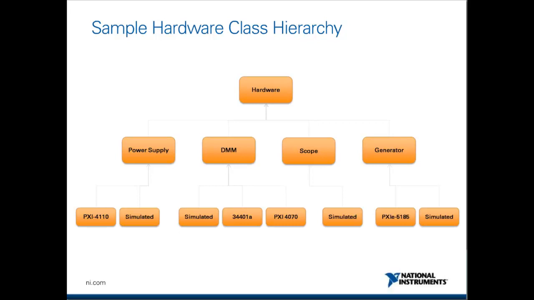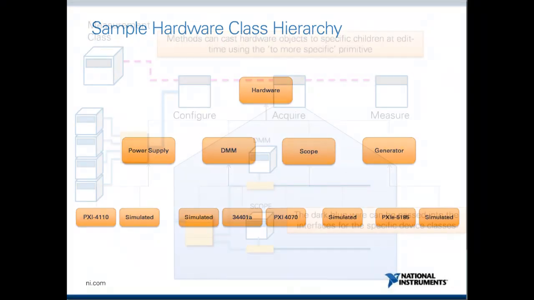But it's really the layer in the middle, shown as power supply, DMM, scope, and generator, that will define the interfaces for specific devices. So each of these will have appropriate methods, and then the children of that middle layer will again be the layer that wraps the actual driver calls to provide that thin layer of abstraction.